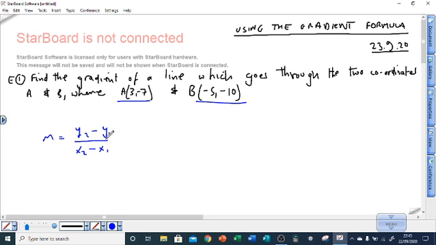It doesn't matter which of these two coordinates you call coordinate 1 and which is coordinate 2, you'll get the same answer. I'm going to call this one coordinate 1 and this one coordinate 2. It doesn't matter.